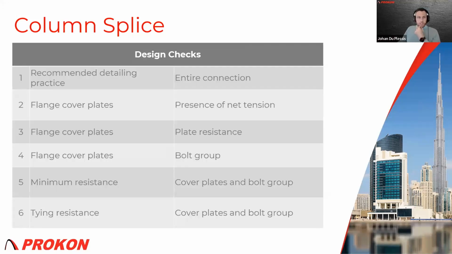Right, then let's just look quickly at the design checks that are performed by the module on bearing type splices. There are six that we need to do, and these are typically recommended by your Eurocode design standards. The first check, which is really an important one, is the recommended detailing practice. What that means is that your splice needs to meet some minimum detailing requirements.